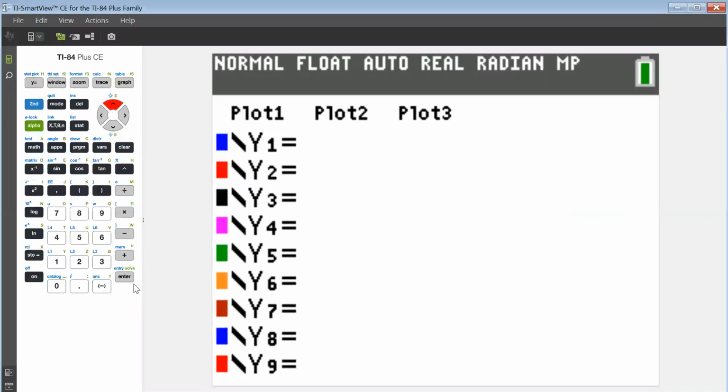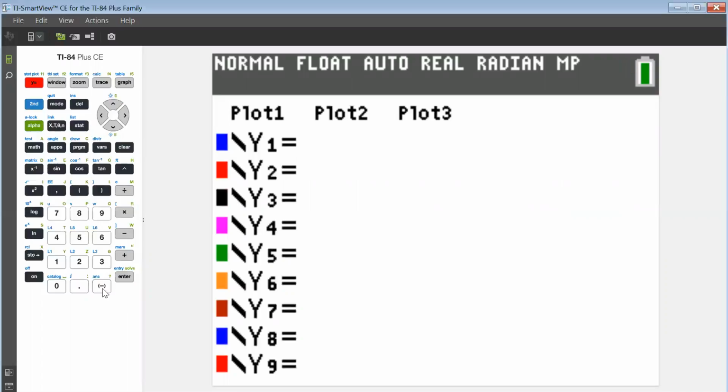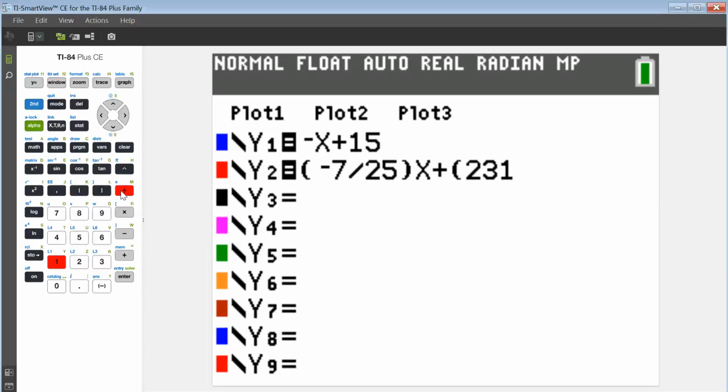And so the first equation would be negative x plus 15. Then the second is equal to, in parentheses, negative 7 divided by 25, close it, x. So there's my m, x plus, and then my intercept is 231 divided by 25, close it.